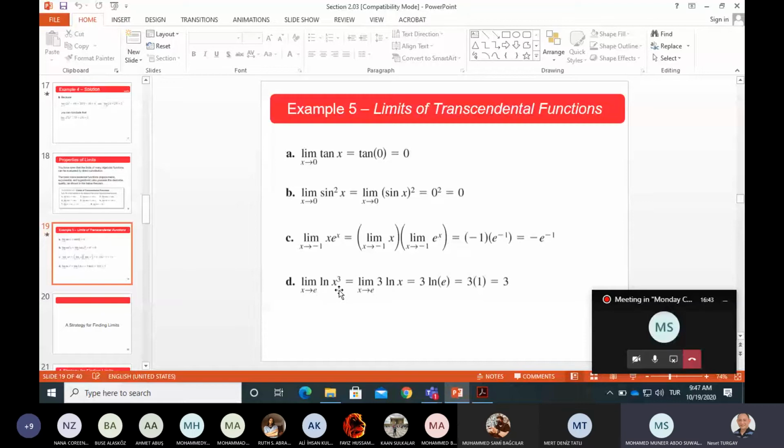Here, my friends, can I ask something? Yes, yes. About example A, if x was 90, what will happen? Because tan 90 is undefined. Later on we will say infinite. Infinite limits, sorry.